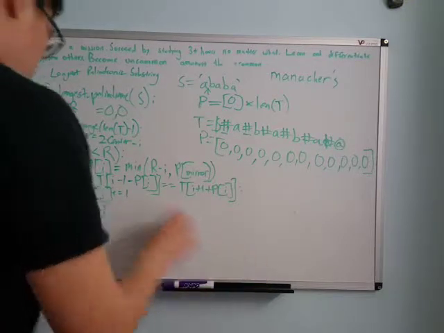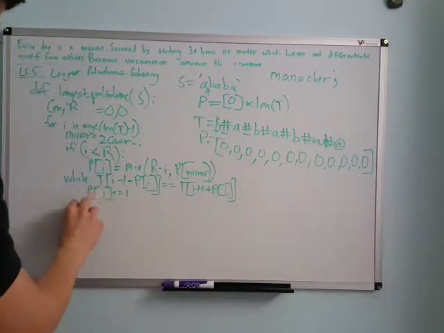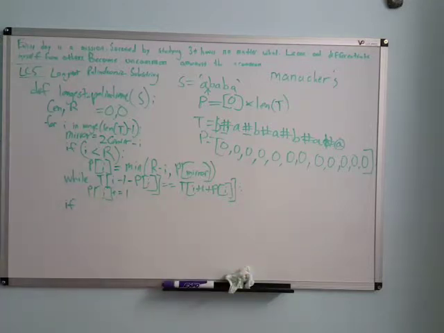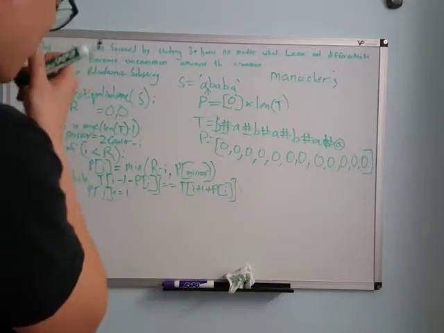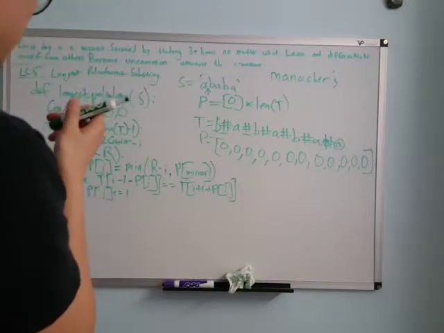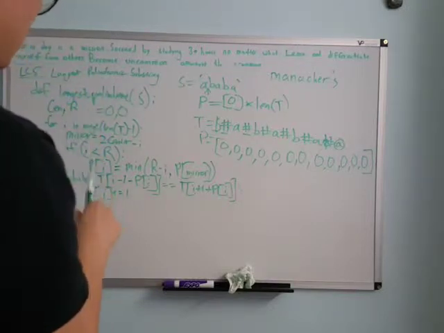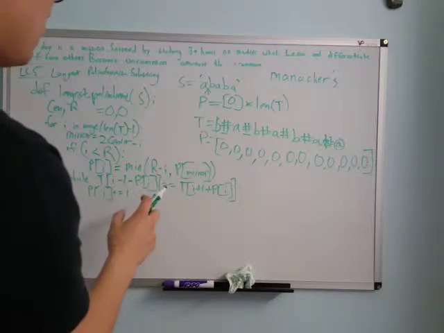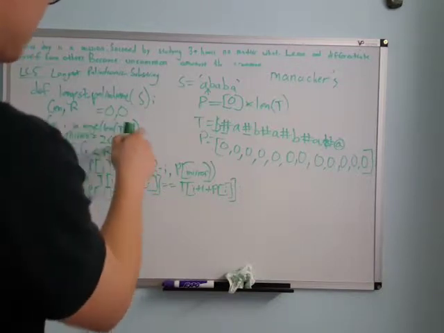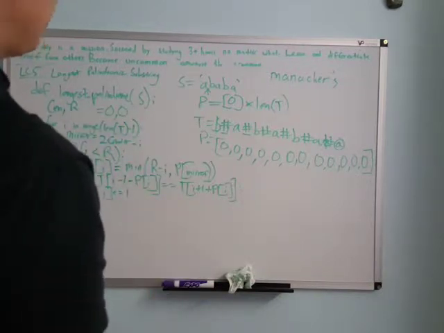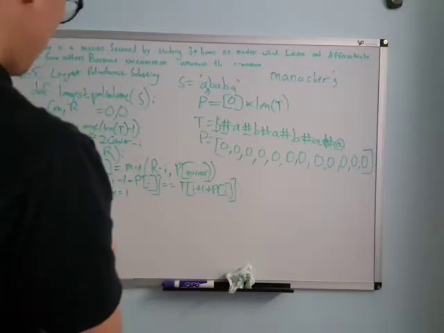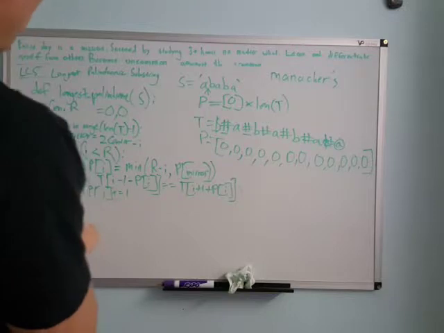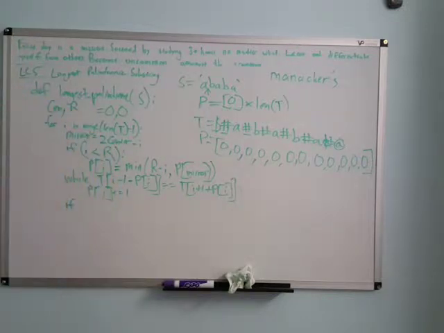Let's see. So let's say we're incrementing I. We have center and right as well that are first initialized to 0. So in this conditional, we need to make sure that we're updating the center and our right.